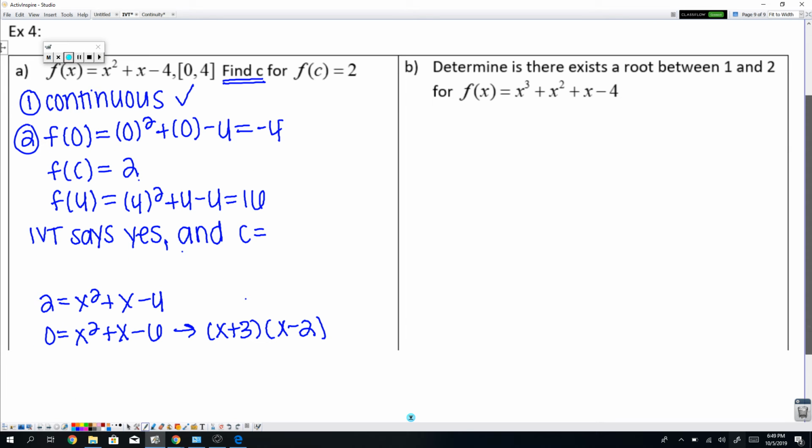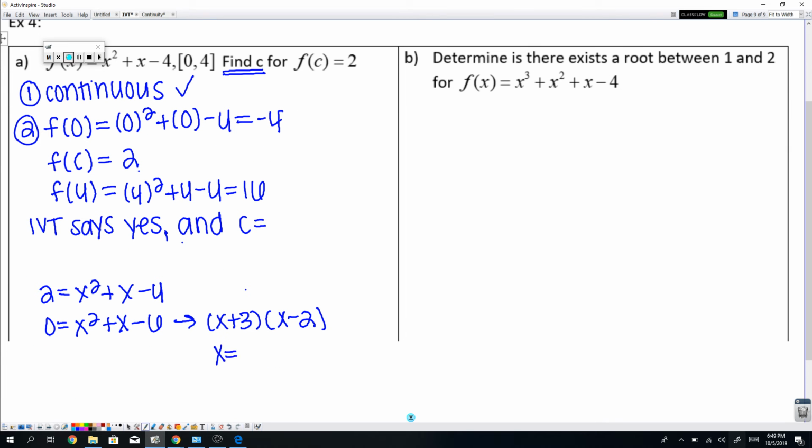And when I solve it, that gets me x equals negative 3, x equals 2. And on the interval from 0 to 4, your answer is 2. So C equals 2.